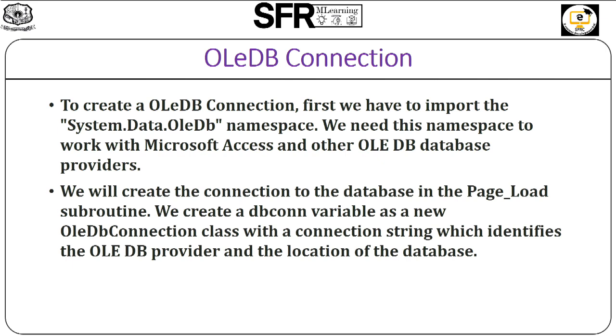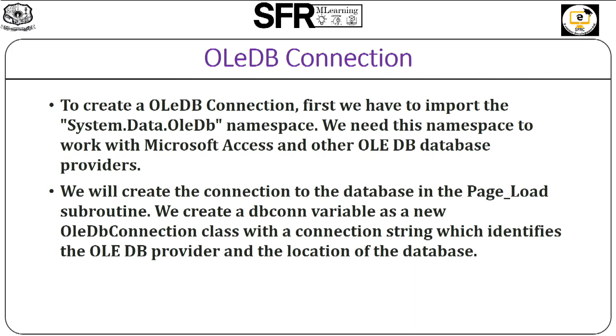We will create the connection to the database in the Page_Load subroutine. So we have to create the connection in the Page_Load subroutine. Subroutines are nothing but a set of instructions, or a set of code; we can even call it a function or a method, in which we are going to create the connection to the database. We create a dbcon variable as a new OleDbConnection class with a connection string which identifies the OLEDB provider and the location of the database.